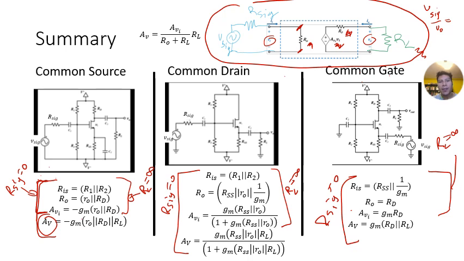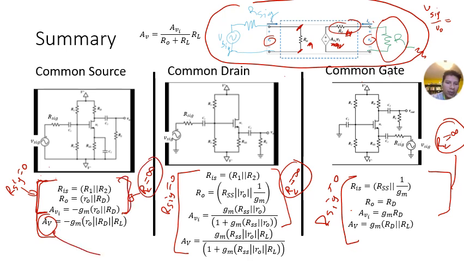And in particular, you will have some nice relationships here, because this is just a voltage divider. So once you know the gain, assuming RL is infinite, the gain assuming that RL is not infinite is simply the gain assuming RL is infinite times RL divided by the sum of RO and RL, the voltage divider.